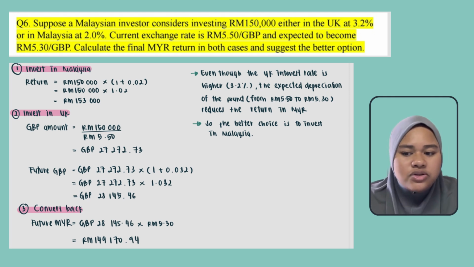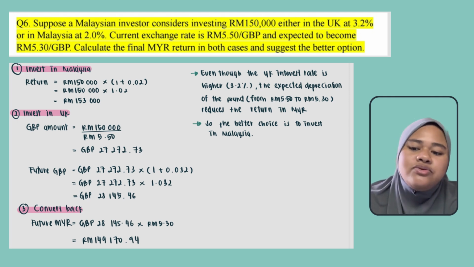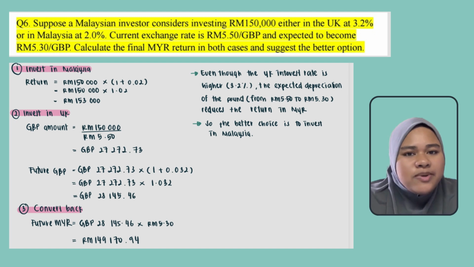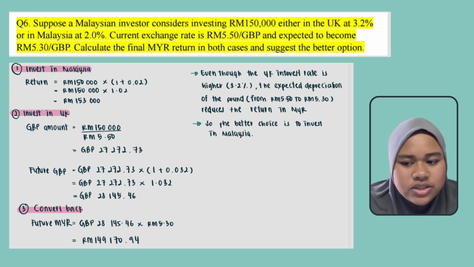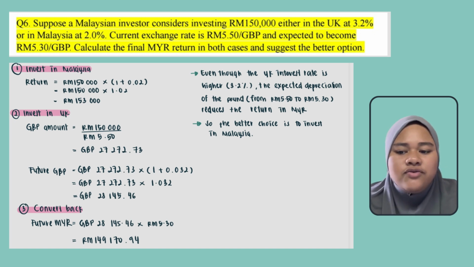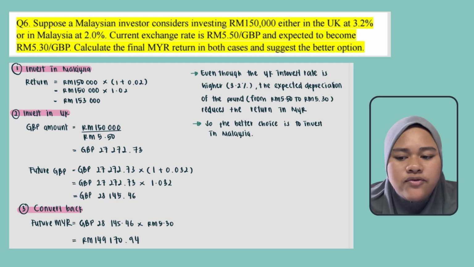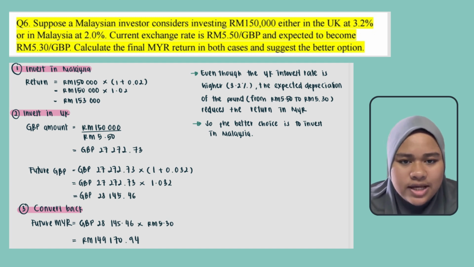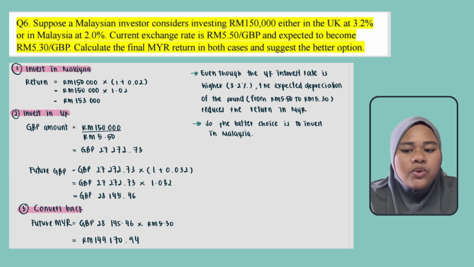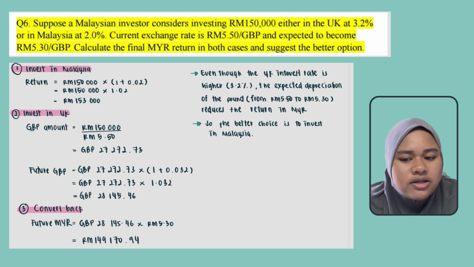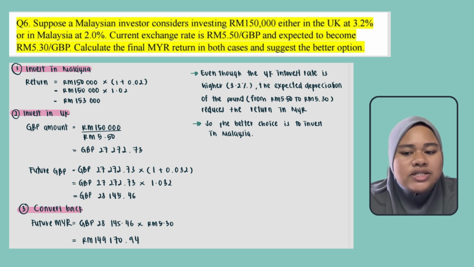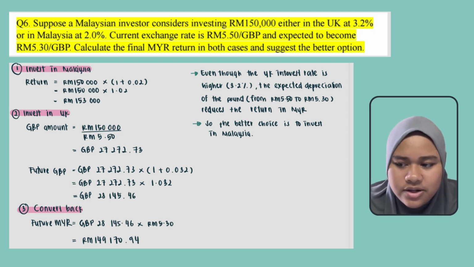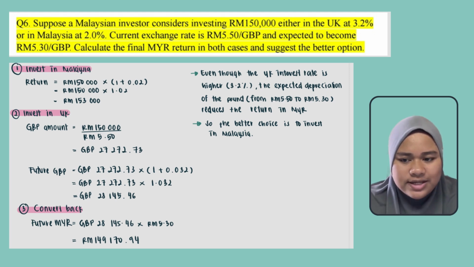And after that, we need to convert back to RM at the expected future rate, which is 28,145.45 times 5 ringgit 30 cent. We get 149,170 ringgit 94 cent.